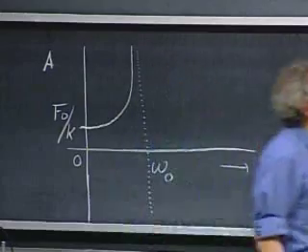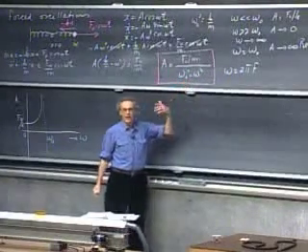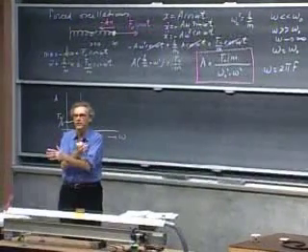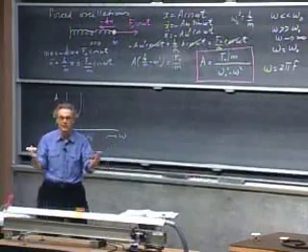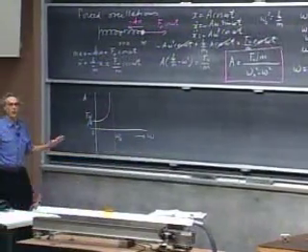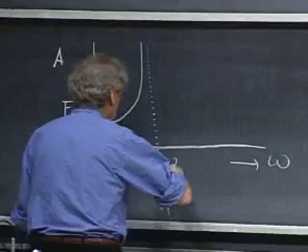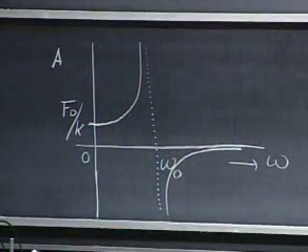The moment that omega is larger than omega 0, notice that the amplitude becomes negative. A negative amplitude simply means that you get all of a sudden a phase change of 180 degrees. So the object is 180 degrees out of phase with the driver. I will not expand on that too much today, but it is negative, and so it comes up here, and then it goes here to 0 for very high frequencies of omega.